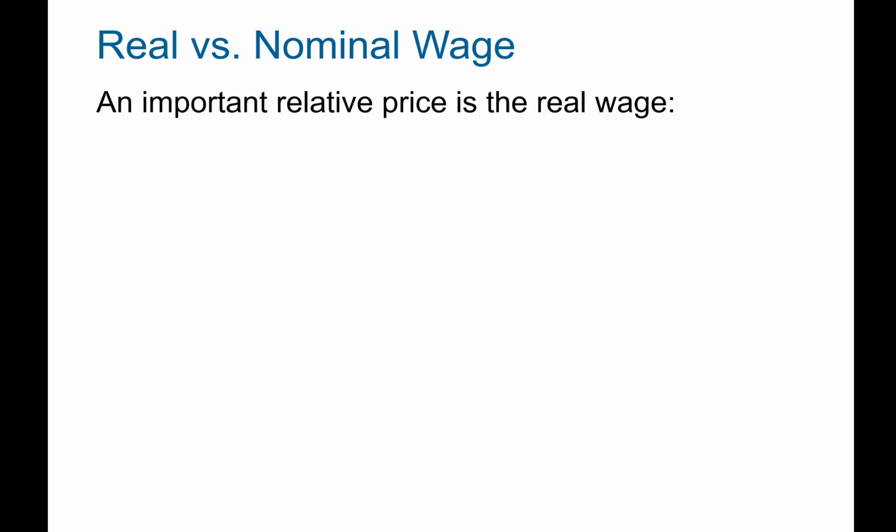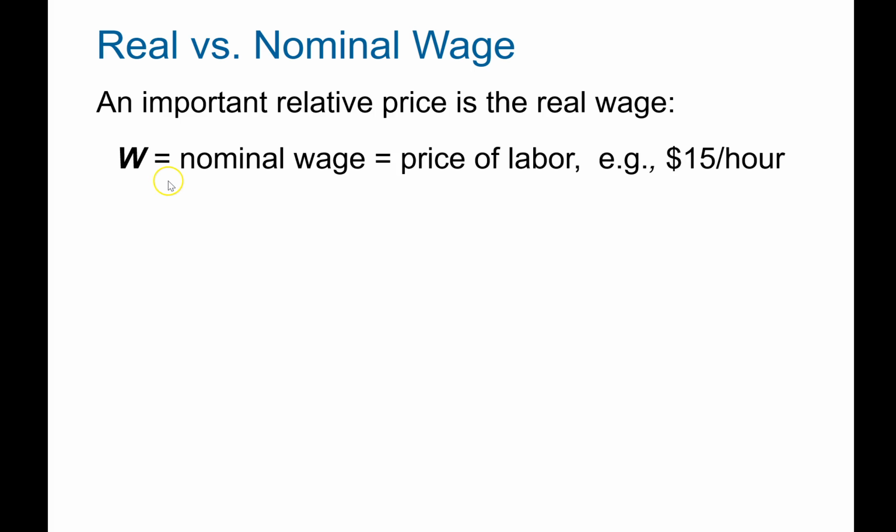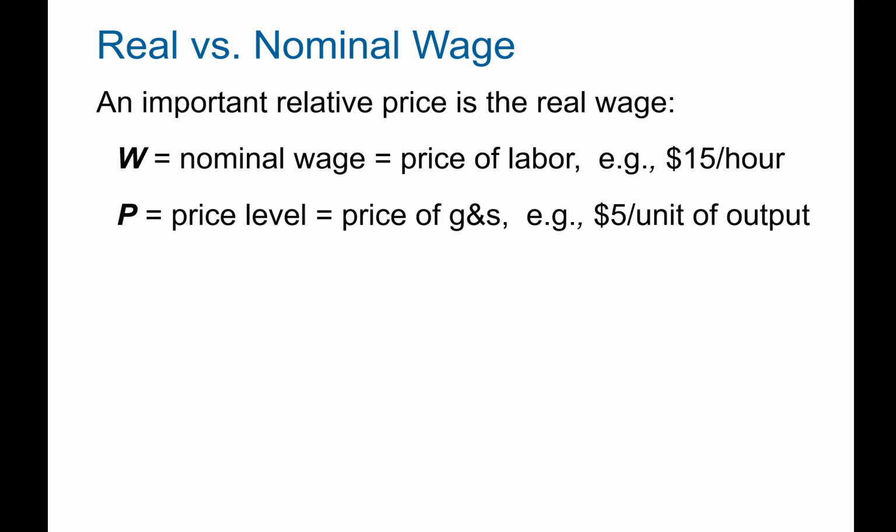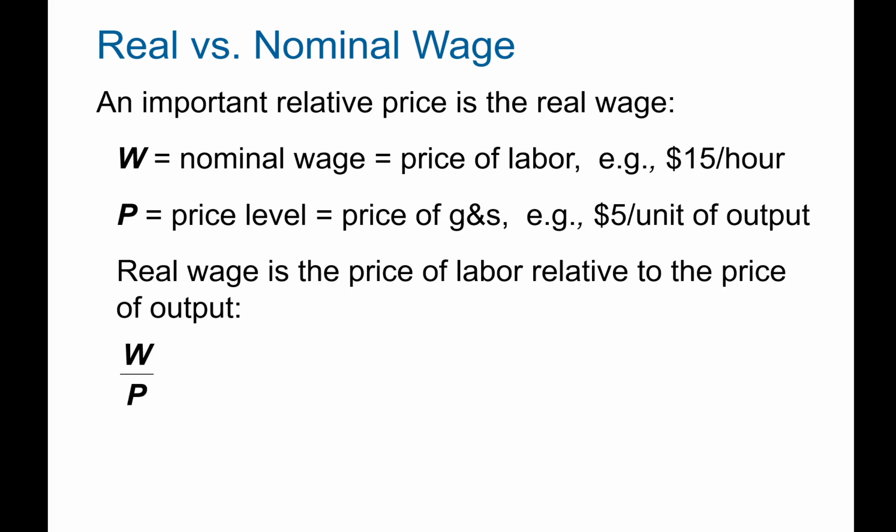Now let's look at the real versus the nominal wage. An important relative price is what we call the real wage. So the nominal wage, identified as W, is the price of labor, and that's measured in dollars, like nominal variables are. The price level is the price of goods and services, so for example, $5 per unit of output. Notice that that's measured a little differently.